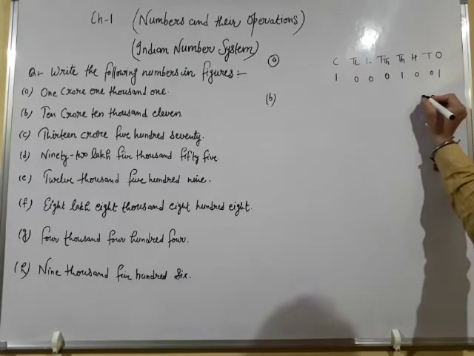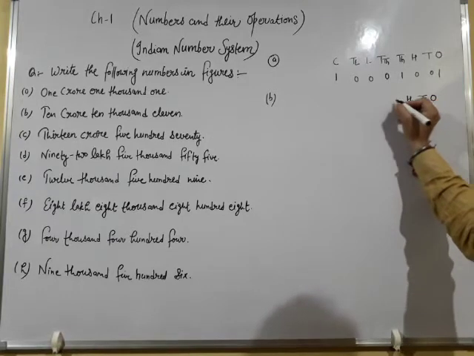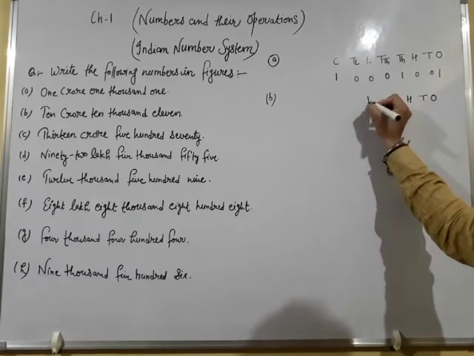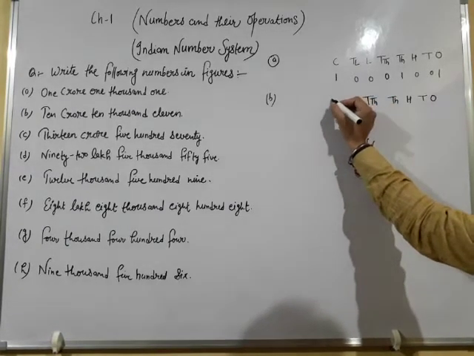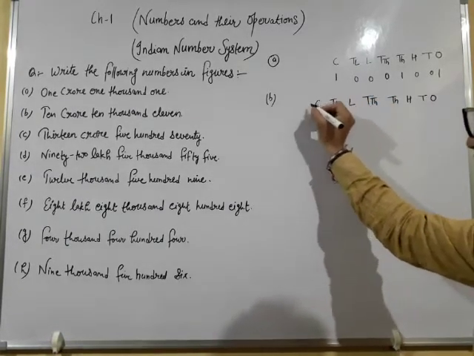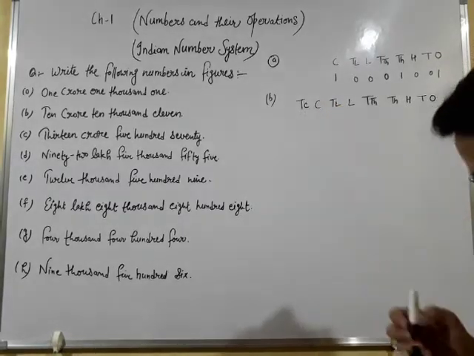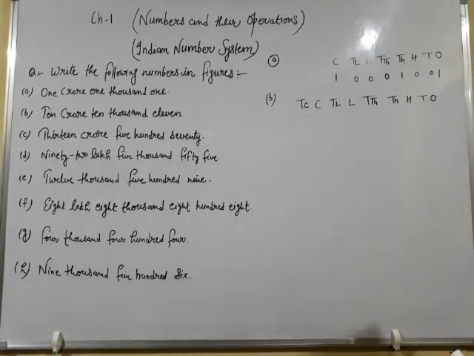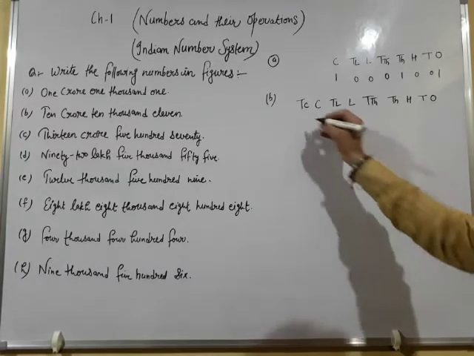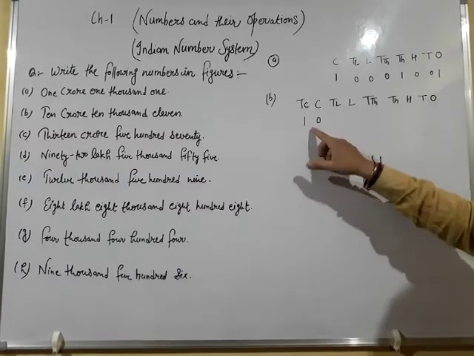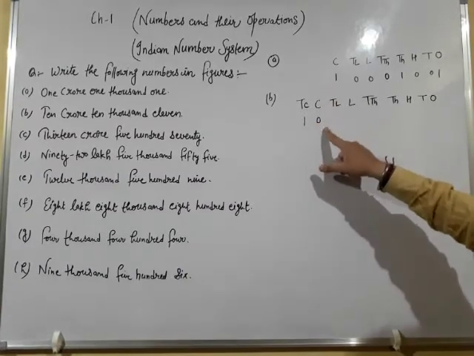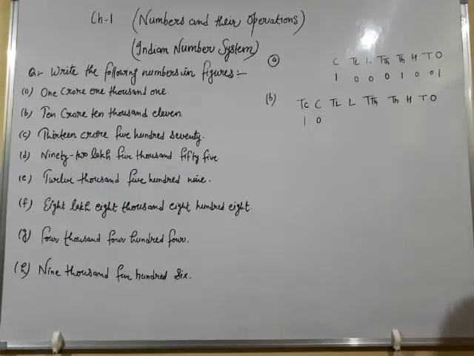Ones, tens, hundreds, thousand, 10,000, lakhs, 10 lakhs, crores, and 10 crores. Now read how many 10 crores. We have 10 crores. So 10 can be written as 10. Remember, you will write the digits under the crores period. Okay, we have written 10 crores.